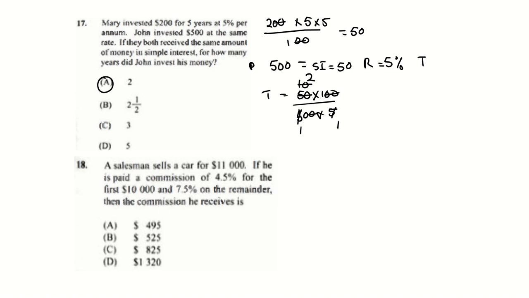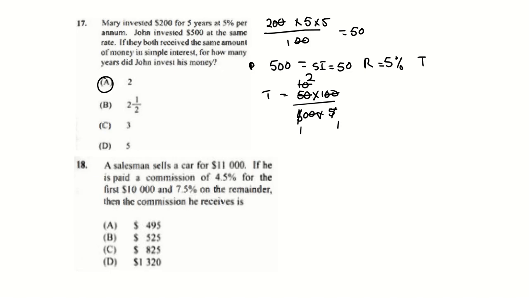A salesman sells, this is a repeated question. A salesman sells a car for 11,000. If he's paid a commission of 4.5% for the first 10,000 and 7.5% for the remainder, we know the remainder is 1,000.